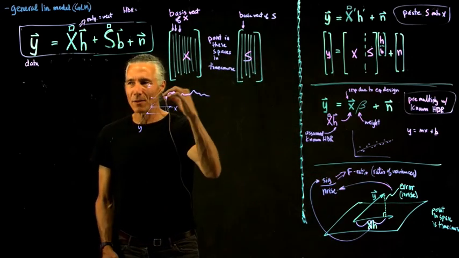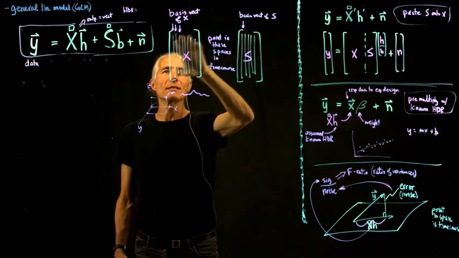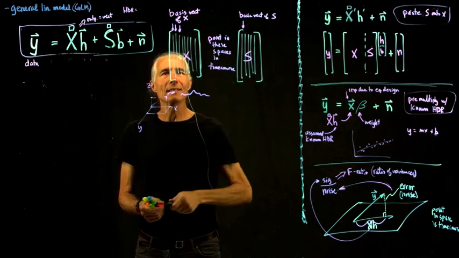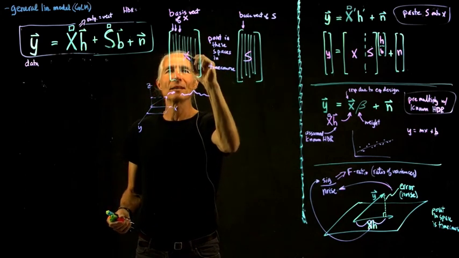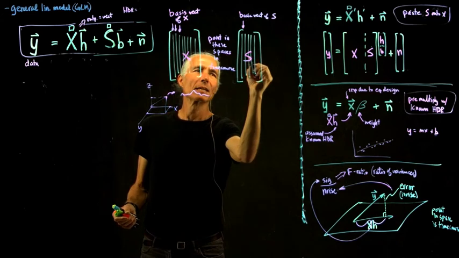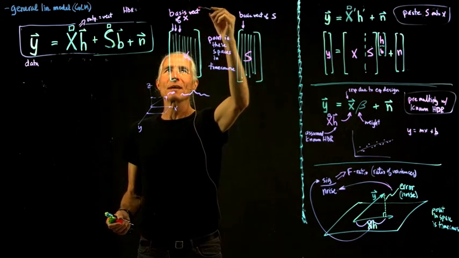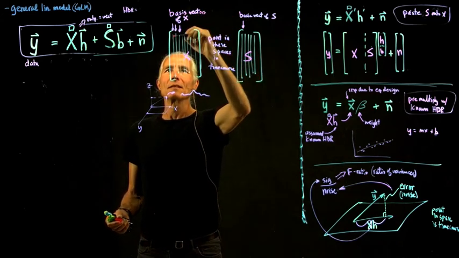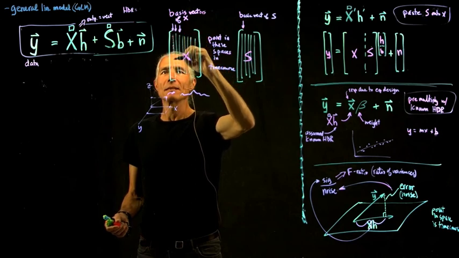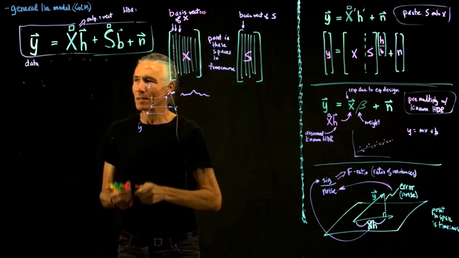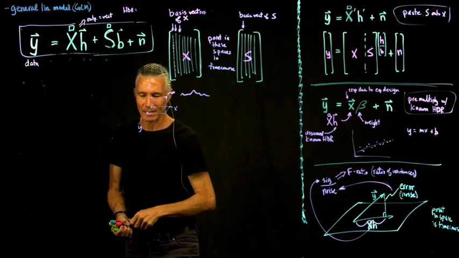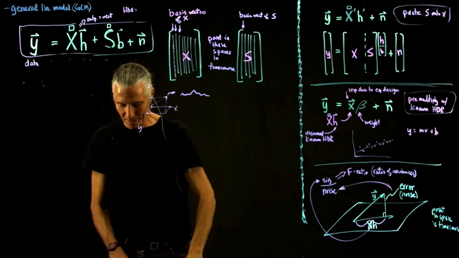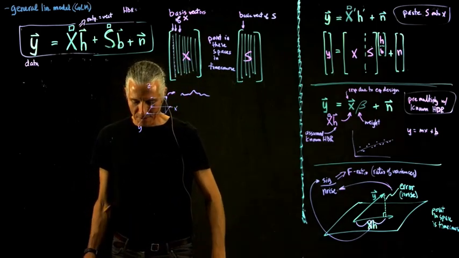And the way that you think of this mathematically is you think of these experimental design matrices as having basis vectors that are defined by the actual columns in that matrix.